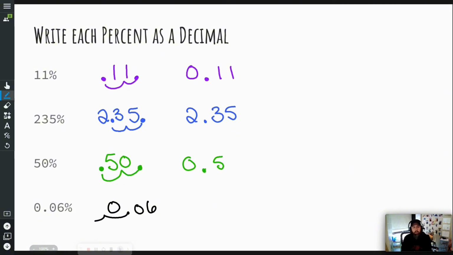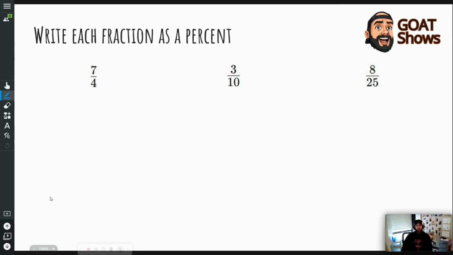Go left 2 spaces, put a new decimal there, fill in a blank with the 0, so we get 0.0006. Let's throw a 0 in front, make it look nice and pretty, and you get 6 ten-thousandths.